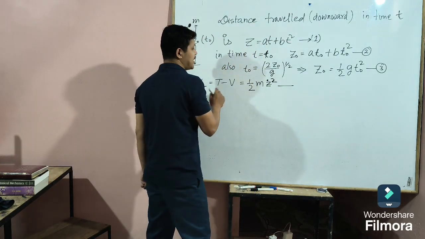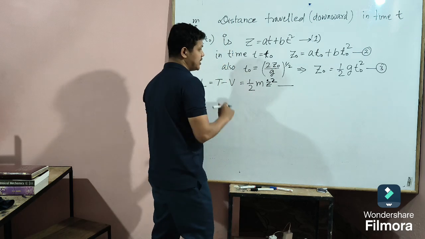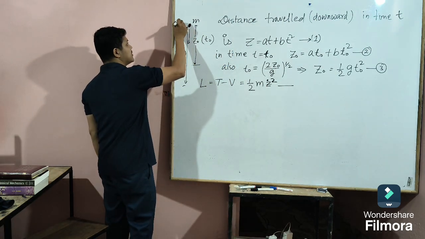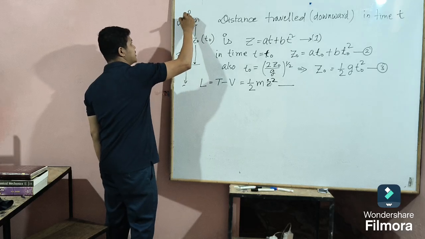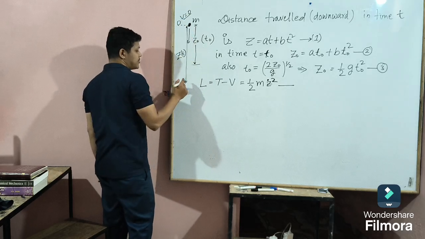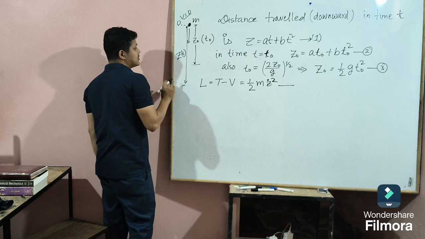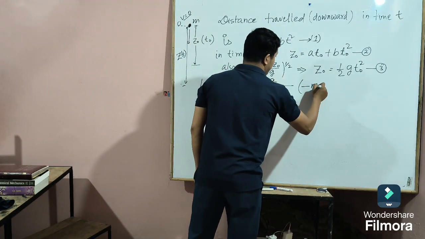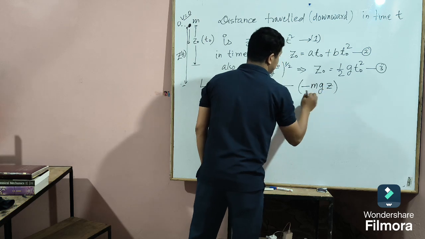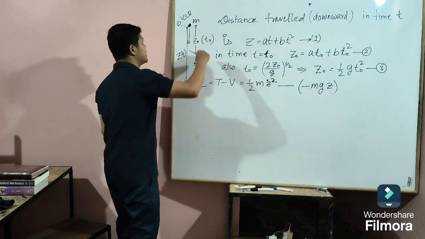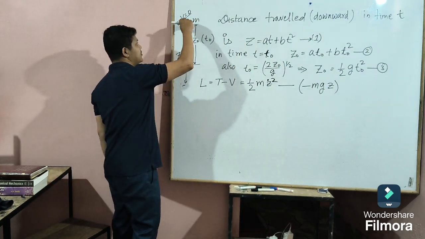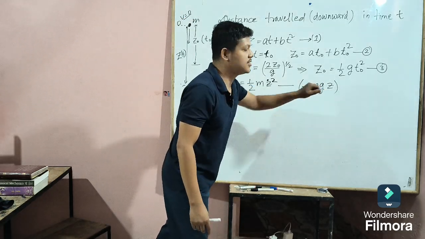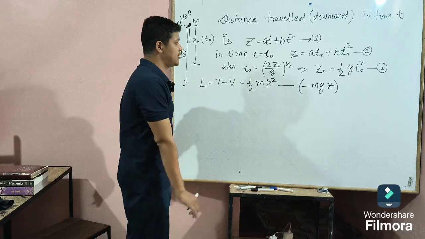And minus V, V is the potential energy. Now you see, if you consider this point as a reference point where V is equal to 0, potential is 0, then when it comes down a distance z, the potential energy will be given by minus mgz. There should be a negative because I have taken this point as a reference point where potential is 0, and it is coming downward. So hope it's clear, right?